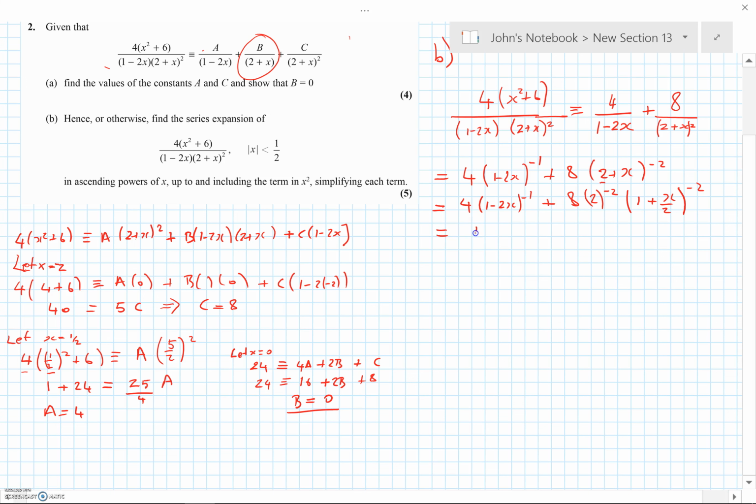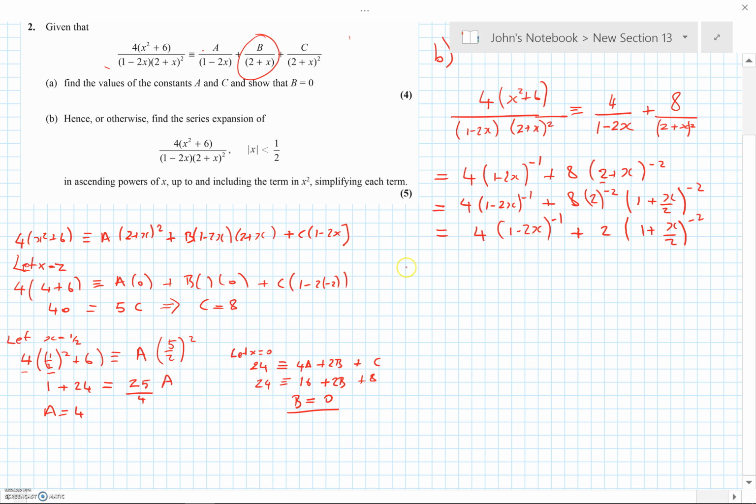So then that becomes 4 times (1 minus 2x) to the minus 1. And 2 to the minus 2 is a quarter, so that's plus 2 times (1 plus x over 2) to the minus 2. So that's where the mistakes came. Where they did occur was more common there than anywhere else.